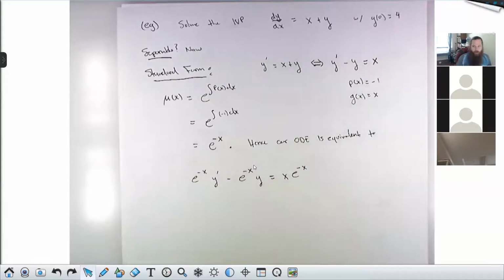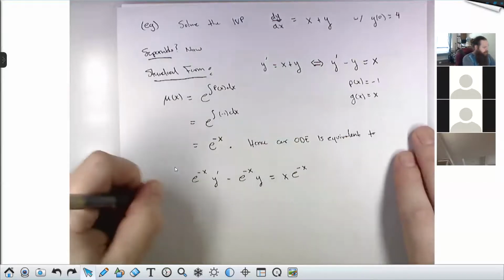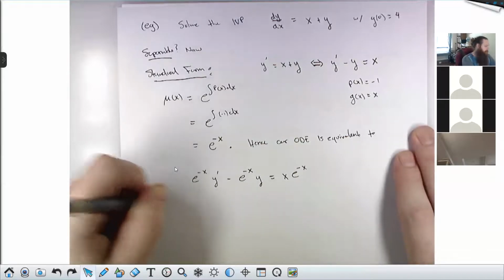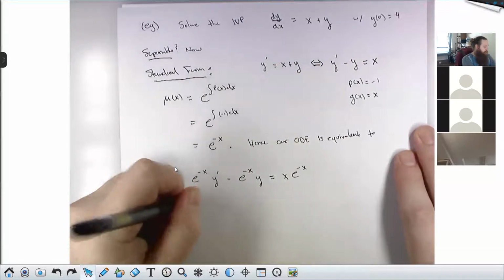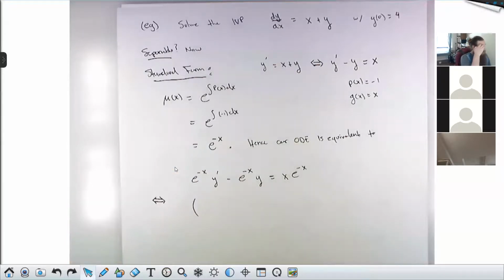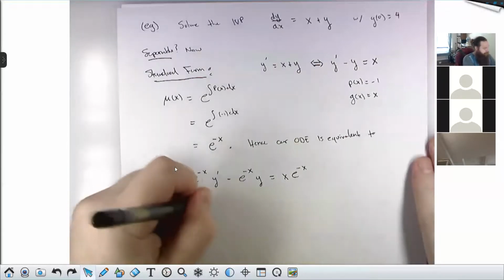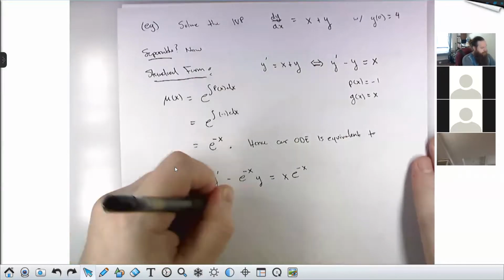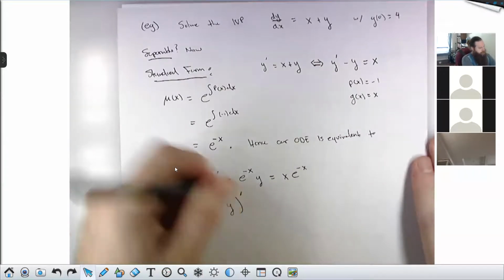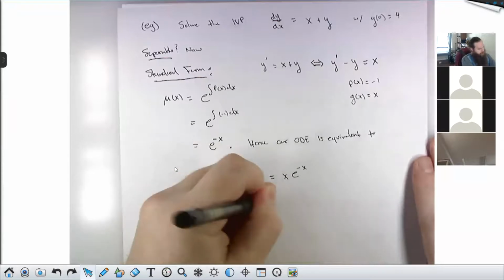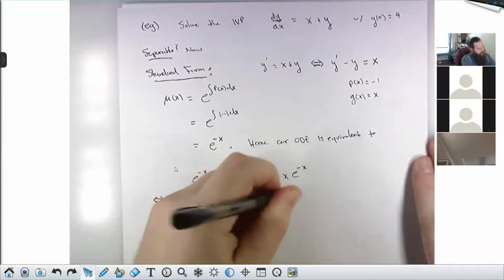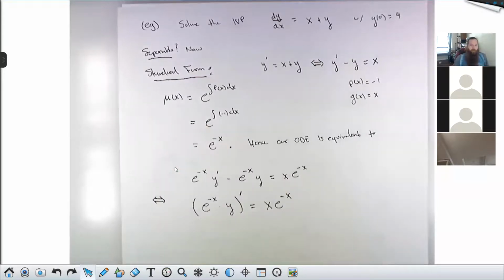I'm writing the x first on the right-hand side just because it looks nicer like that. And this left-hand side, we can recognize as the derivative of e to the negative x times y. The right-hand side hasn't changed.